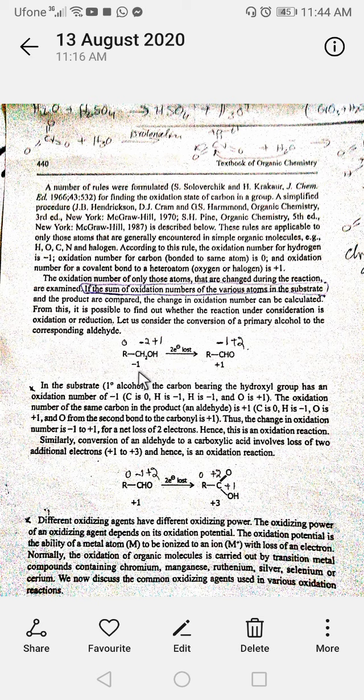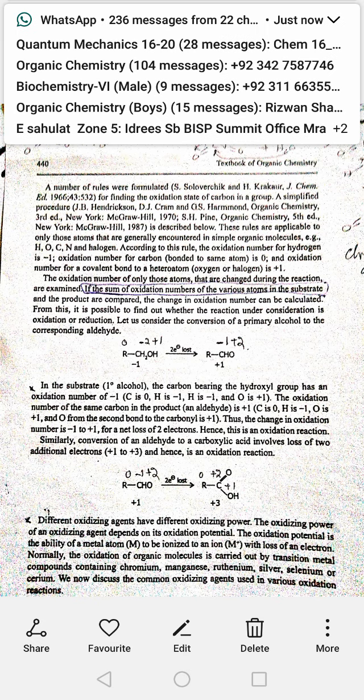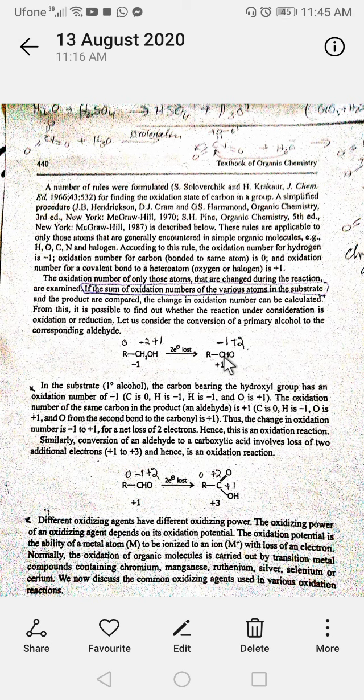In the primary alcohol, carbon has a -1 oxidation state, and when it is changed into the aldehyde, one is the removal of hydrogen, which is called oxidation, and other is that two bonds are present with the oxygen, so +2, +1 for one bond and +1 for another bond, +2 for the two C-O bonds, and one hydrogen is attached, so -1. The sum of these two is +1.